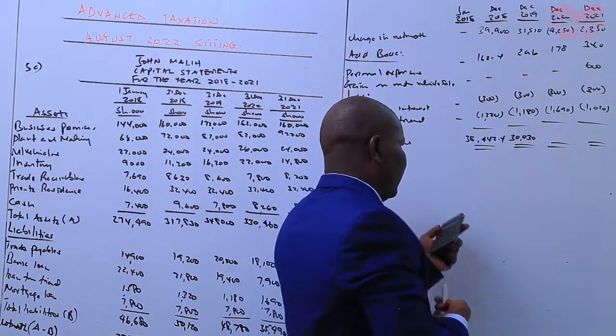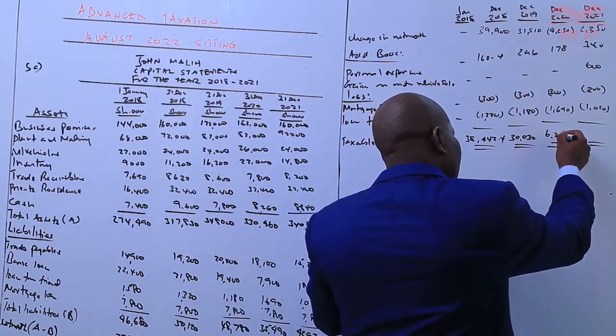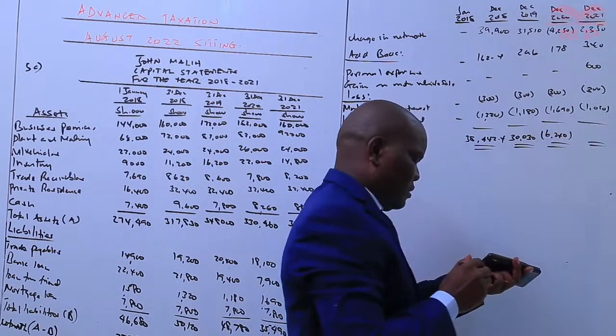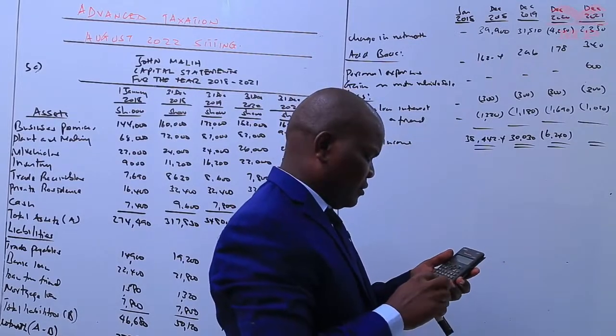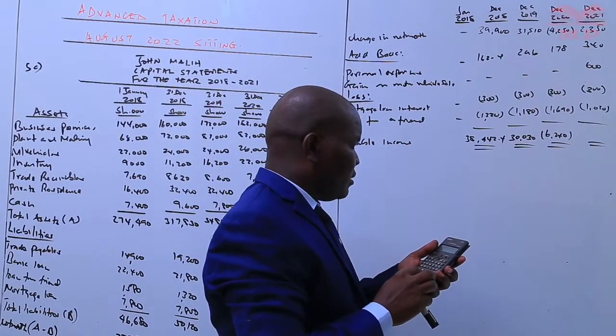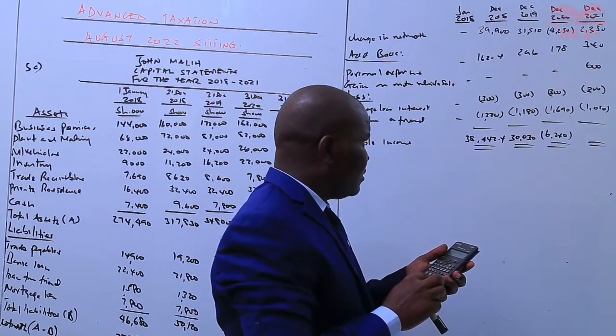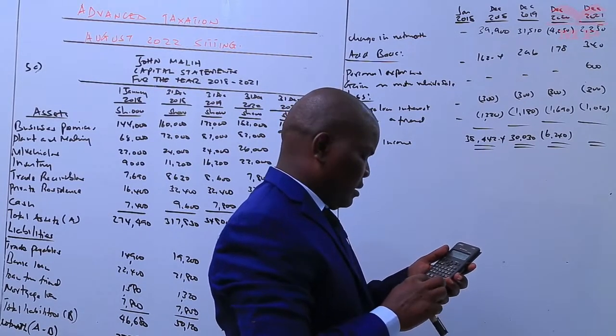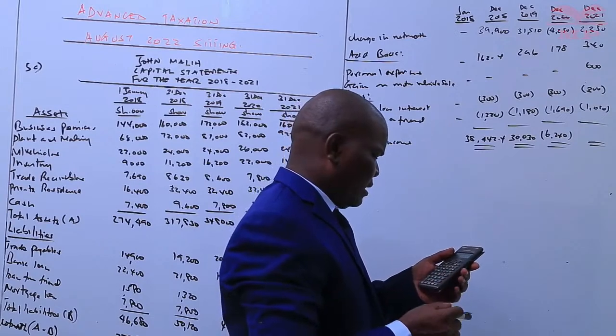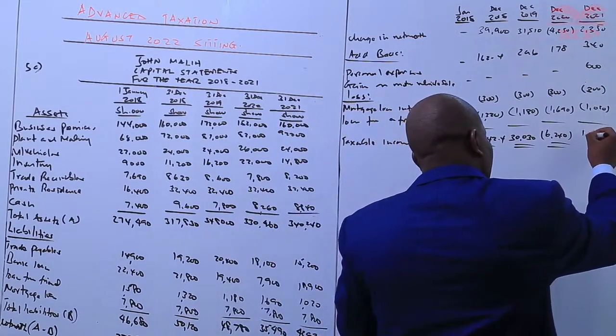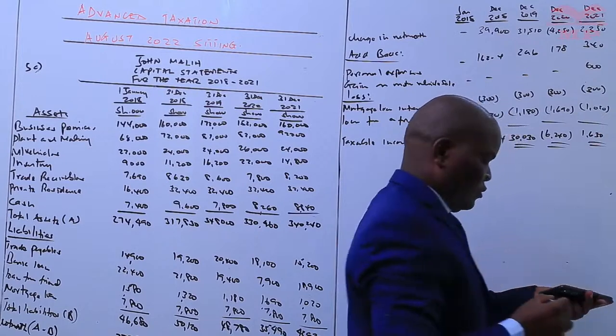I get 6240 negative. And lastly, we have 2350 plus 600 less 300 less 1020. I get 1630 positive.